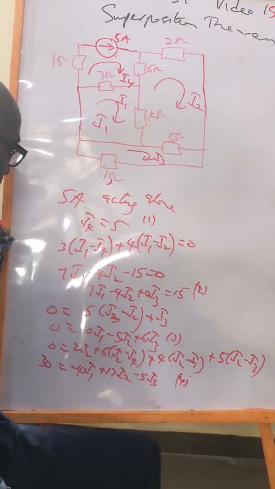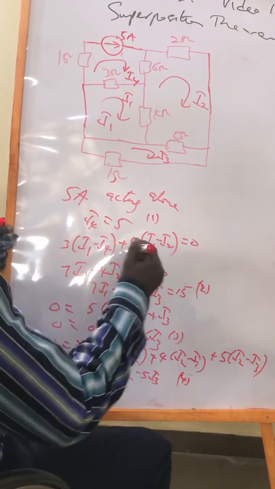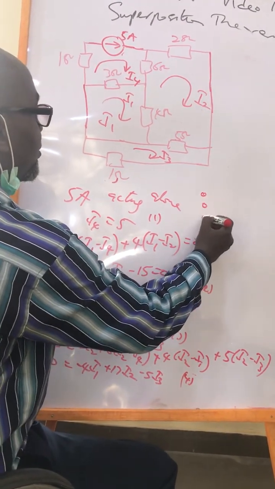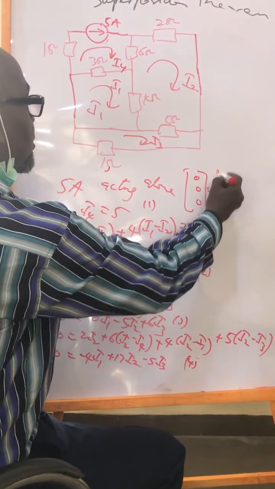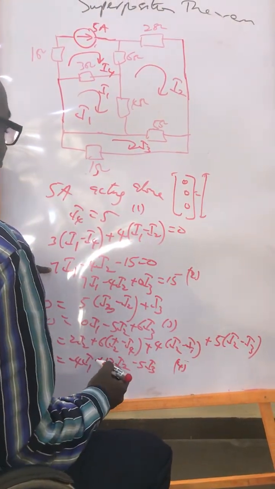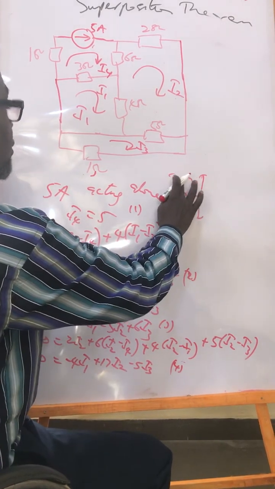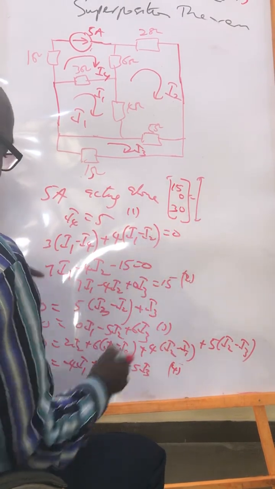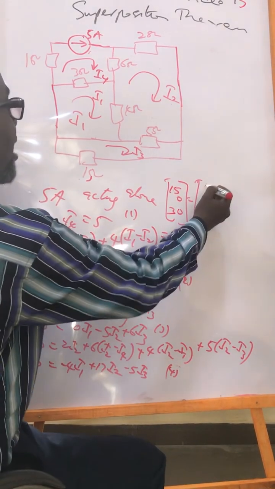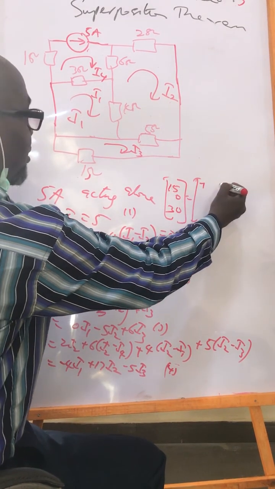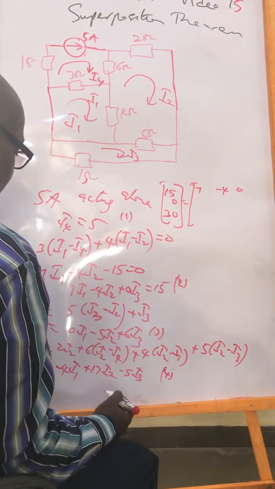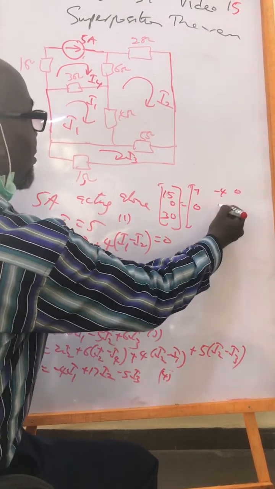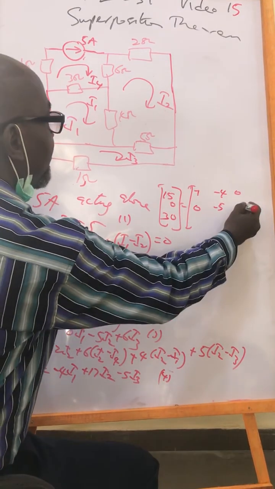I can now write in matrix form. The equations, equal to 0, 0, 0 on the left, and on the right, for the first one, 15, and this should be 30. For the first row, I have 7, minus 4, 0. For the second, 0, minus 5, and 6.